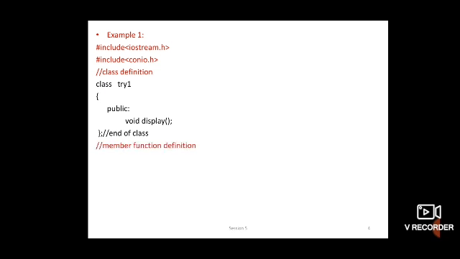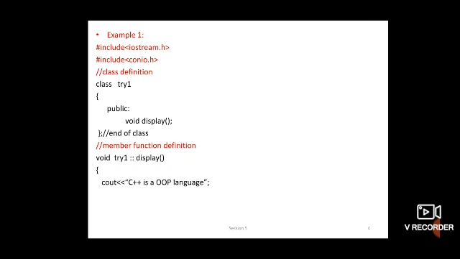Return data type, class name, scope resolution operator, member function name, and in brackets the arguments. See, void, the return data type, then the class name try1, then the scope resolution operator, then the member function name display, then begin.